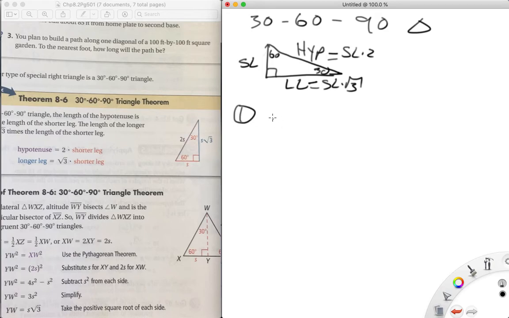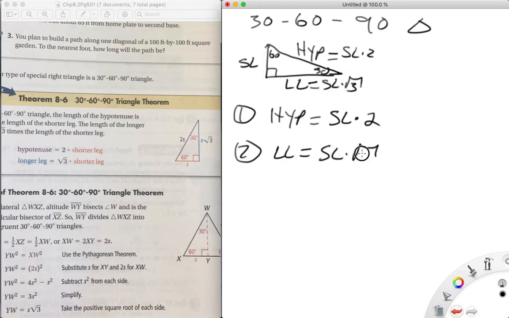Equation number 1, hypotenuse is equal to the short leg times 2. And then equation number 2 is the long leg is equal to the short leg times the square root of 3. So everything is based off of the short leg.